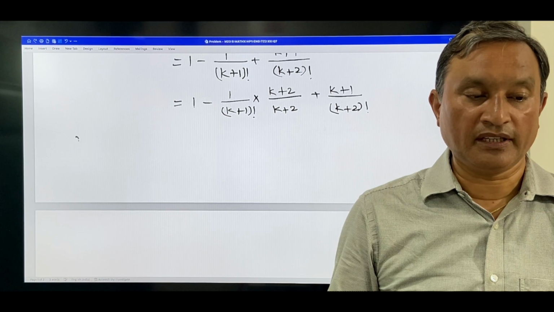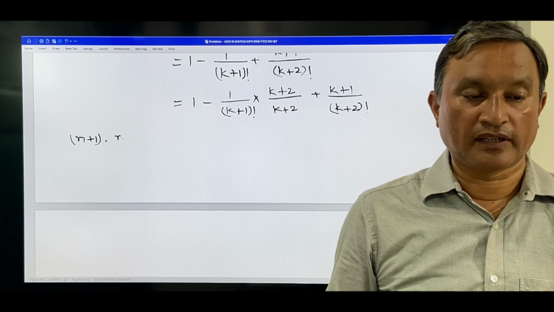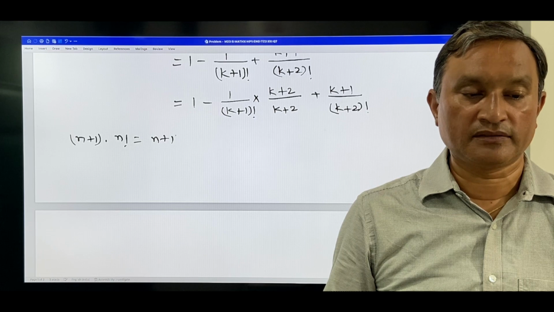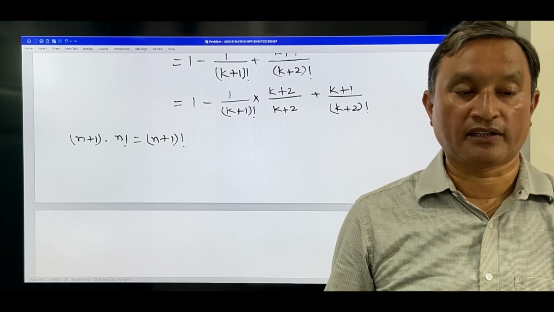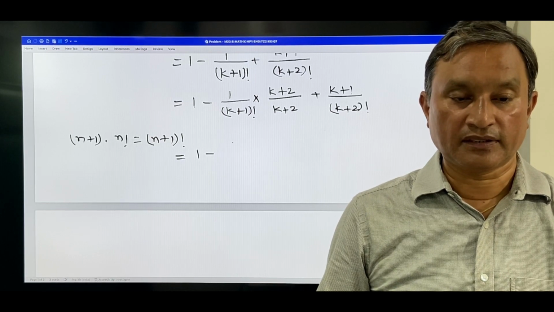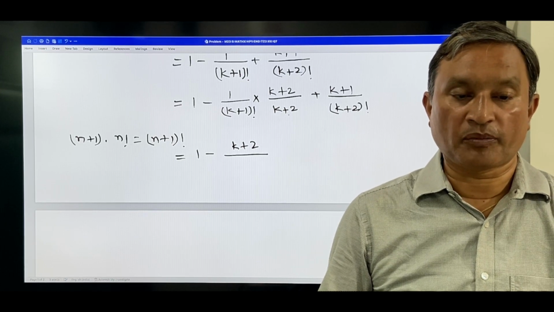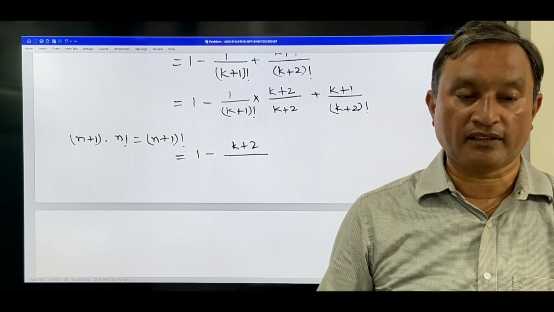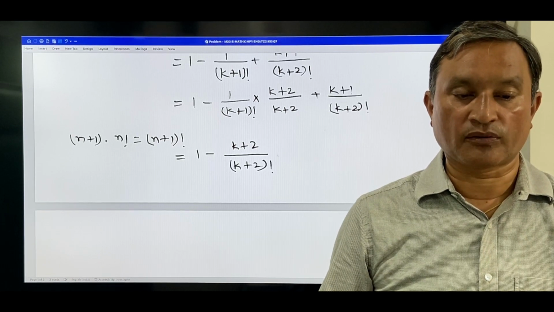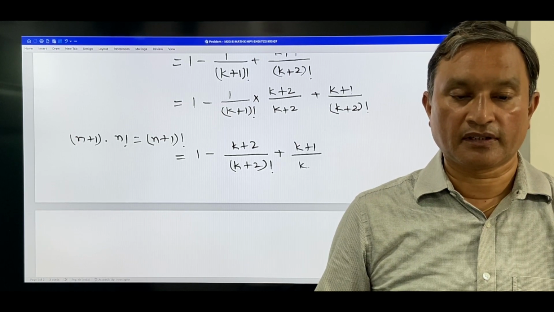We know the property (n plus 1) into n factorial equals (n plus 1) factorial. So therefore 1 minus (k plus 2) upon (k plus 2) into (k plus 1) factorial would be (k plus 2) factorial plus (k plus 1) upon (k plus 2) factorial.